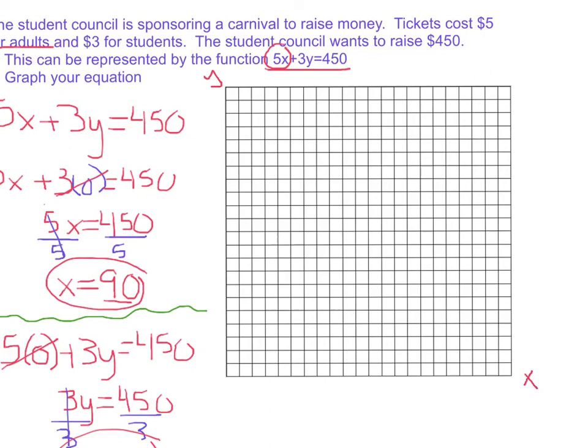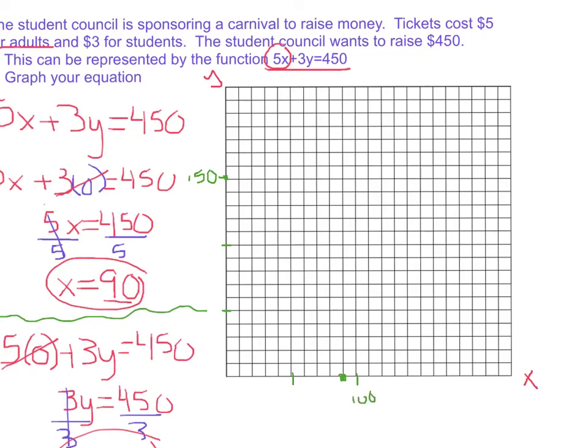So 10, 20, 30, 40, 50, and then 60, 70, 80, 90, 100, and then 110, 120, 130, 140, and 150. So 150 is the y-intercept, and now you can count by tens on the x-axis as well. 10, 20, 30, 40, 50, 60, 70, 80, 90, 100, and we actually want to plot the point at 90.